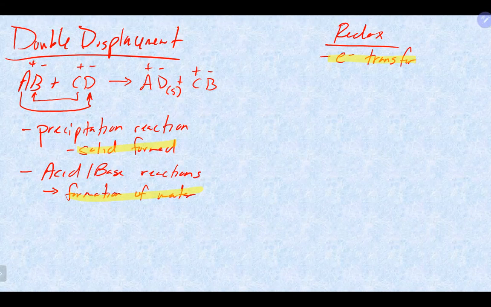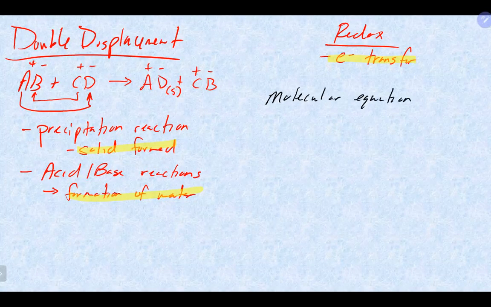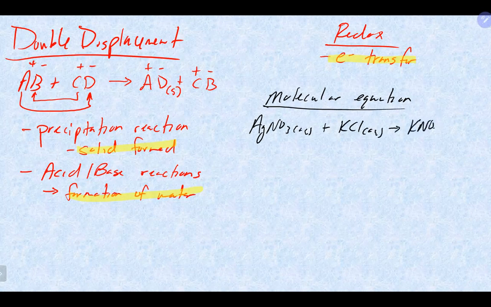We also talked about some important types of equations, those being our molecular equation, where we write out everything in their proper formulas, like silver nitrate plus potassium chloride makes potassium nitrate and silver chloride.